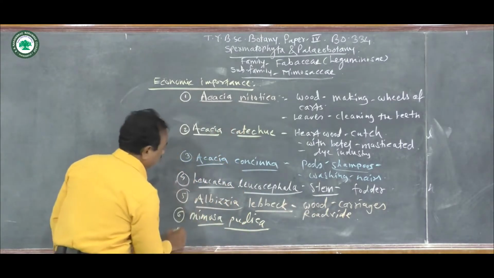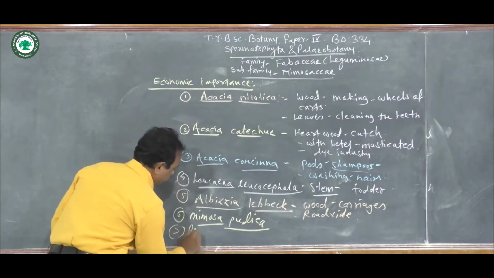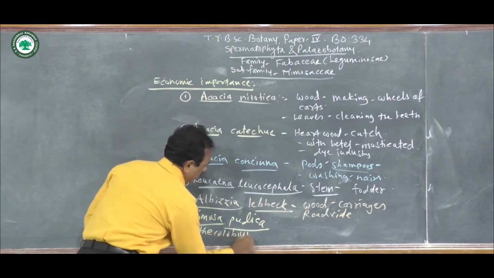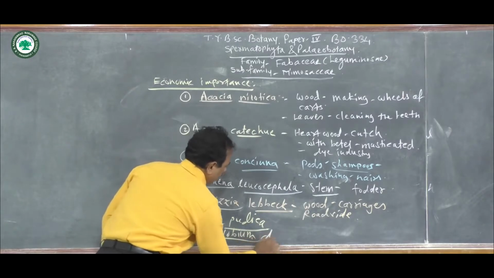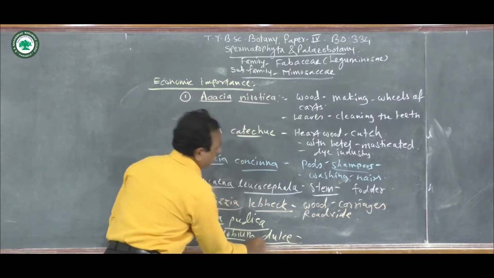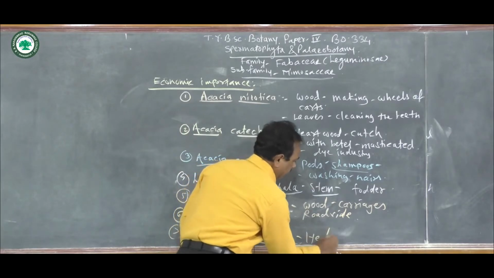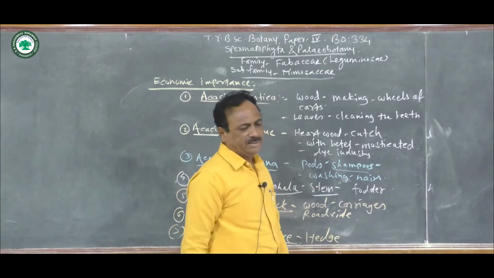Next is Pithecellobium dulce. This plant is generally planted as a hedge plant.